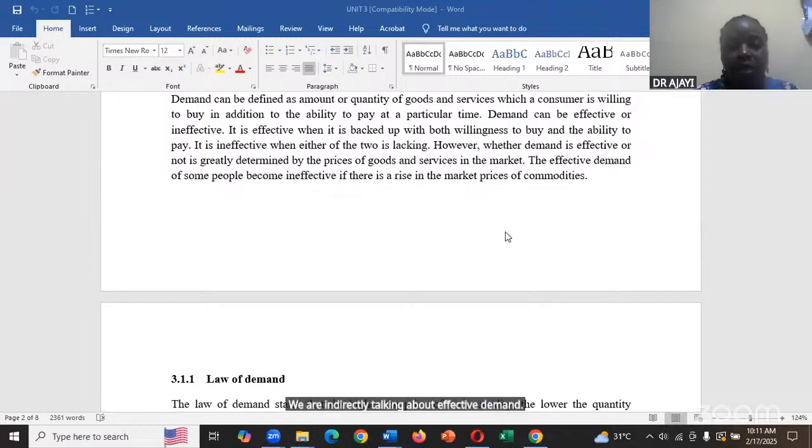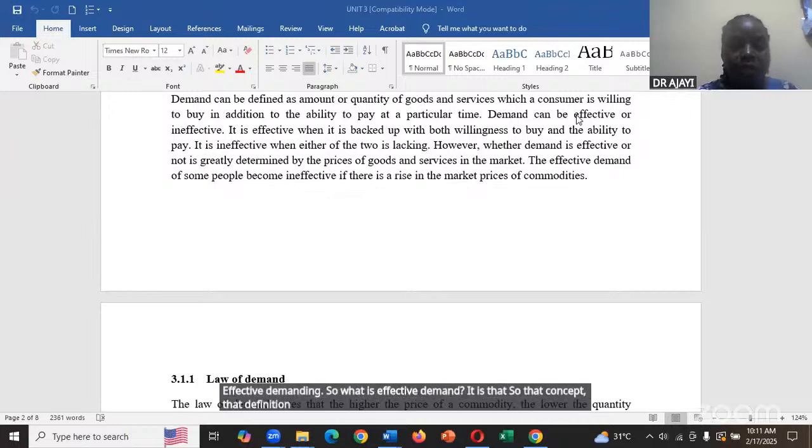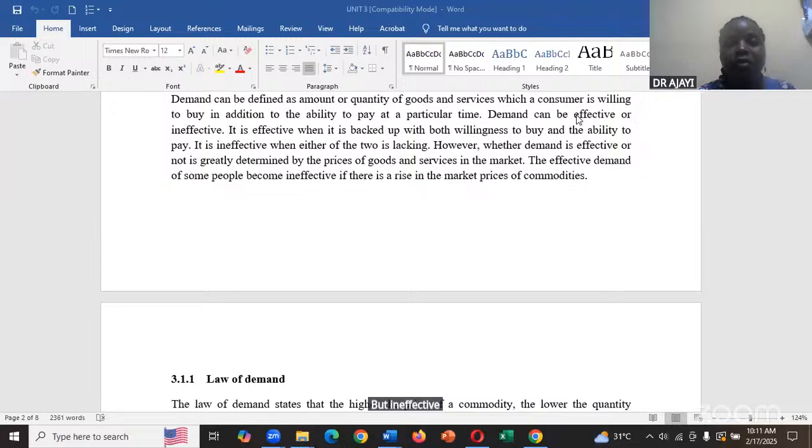So what is effective demand? It is that definition we are familiar with, when we have those three concepts present.